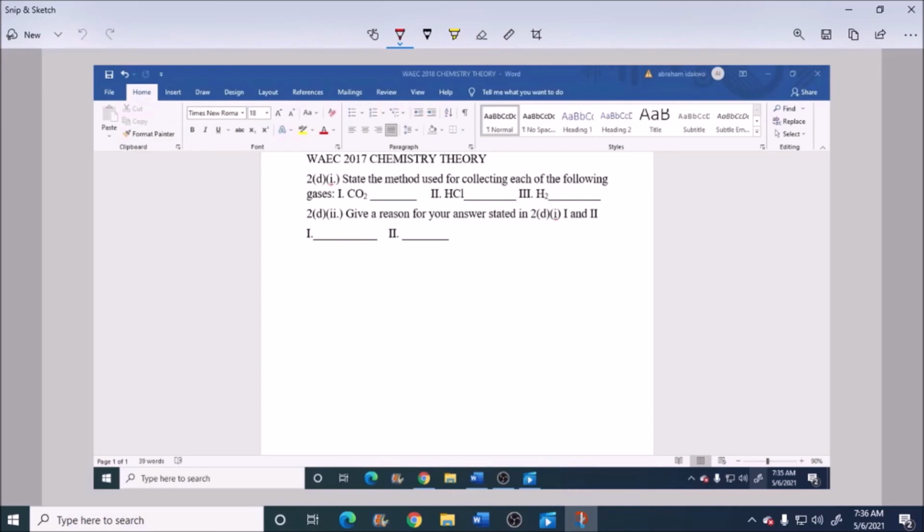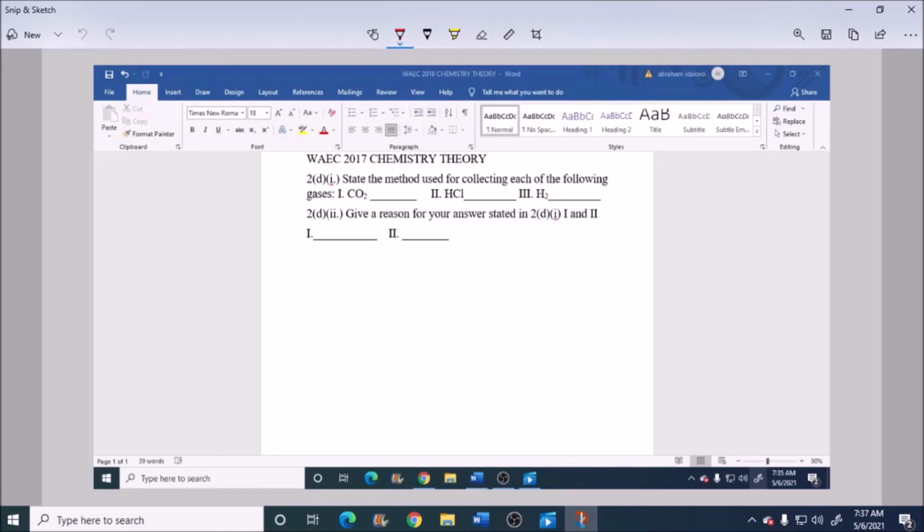While hydrogen gas is collected by upward delivery or downward displacement of air.